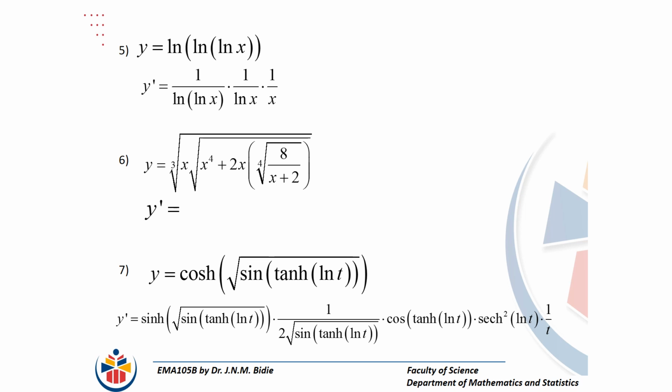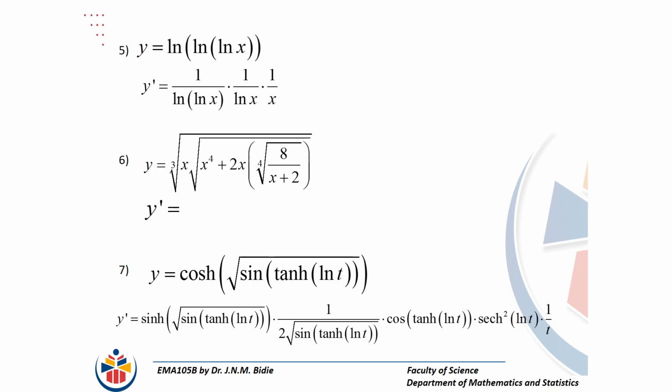Now we go into hyperbolic functions. Number 7, cosh of the square root of sine of tan of ln t. Okay, left to right once again. So we have the derivative to be sinh, which is shine.